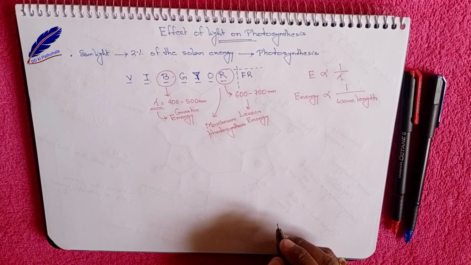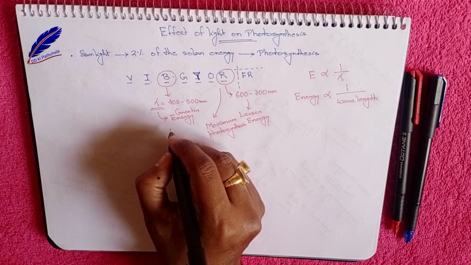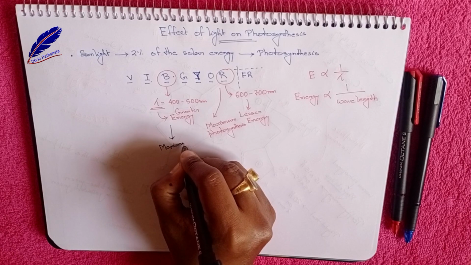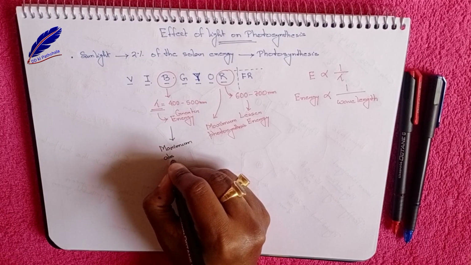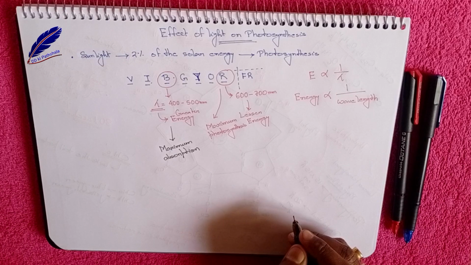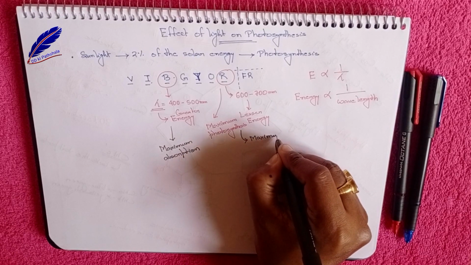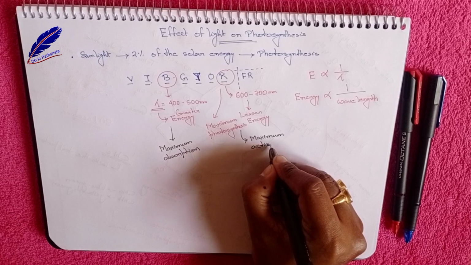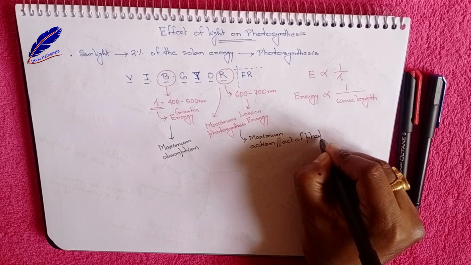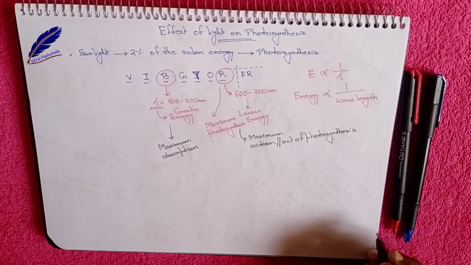Generally, if you have gone through any plant physiology book, it is clearly written there that under blue light, maximum absorption takes place, while maximum action, that is the act of photosynthesis, takes place under the red light zone.